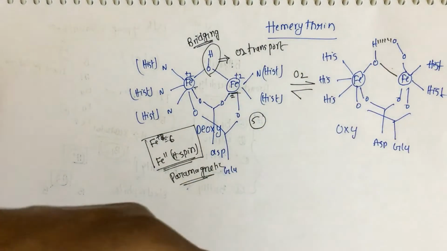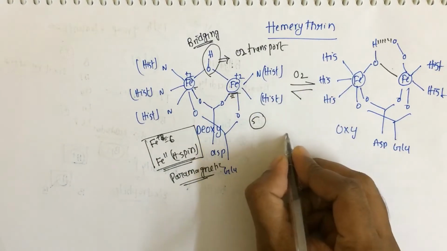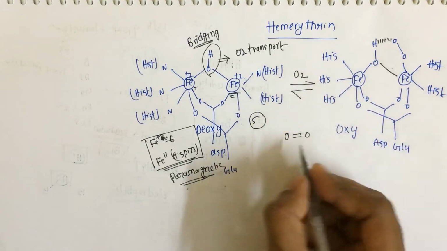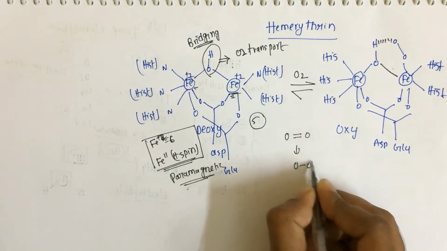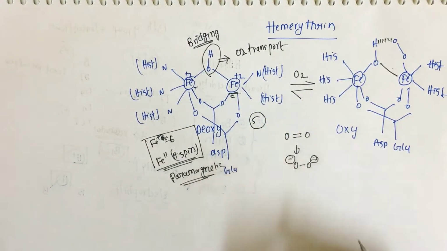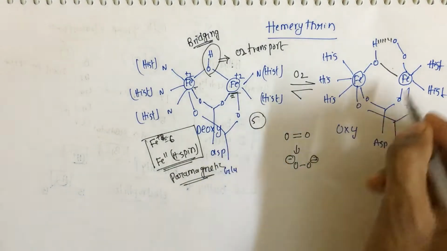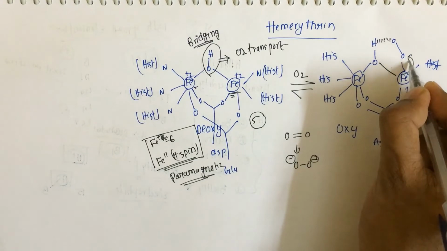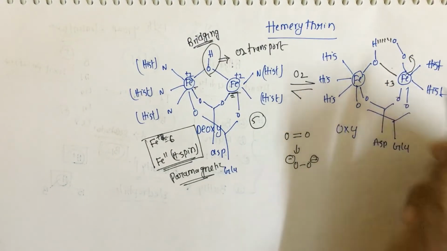So here we have O double bond O, right? Now here it is converting into O minus, and here also O minus. Now this iron is giving 1 electron to the oxygen. That's how it becomes a +3 oxidation state.